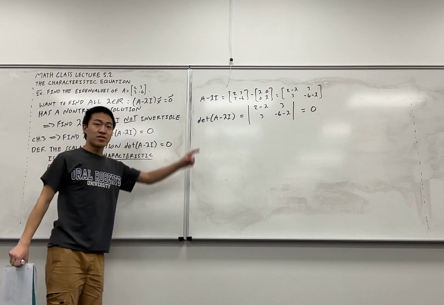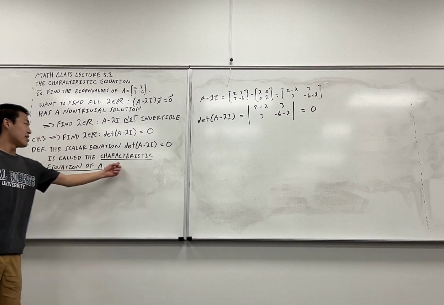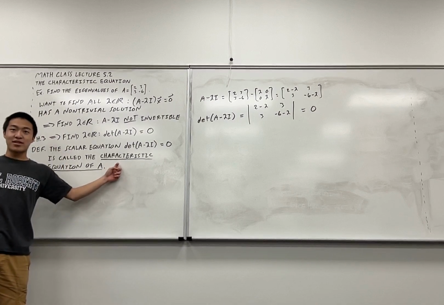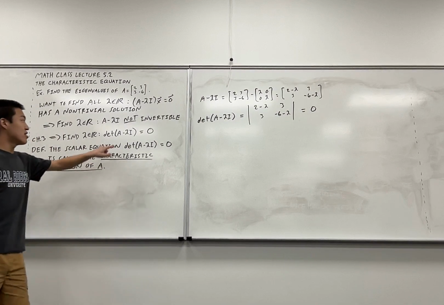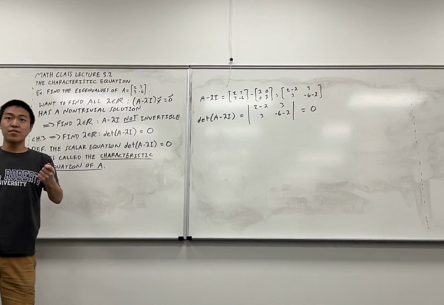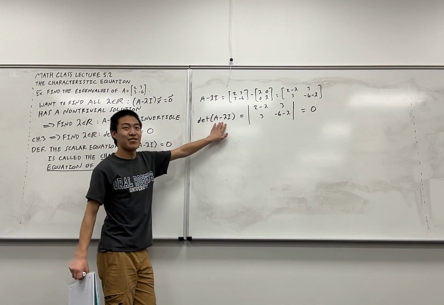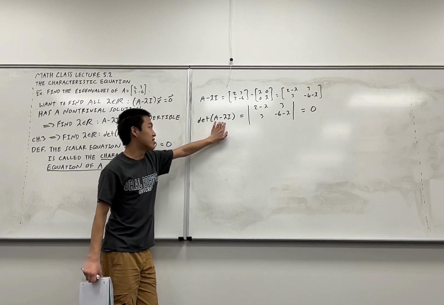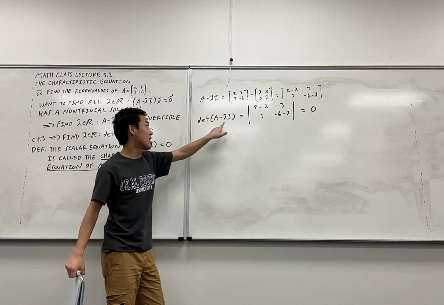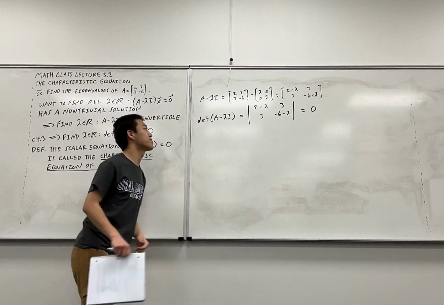Why do I want it to be equal to 0? Well, 2 reasons. That's literally the definition of characteristic equation. And then also because if the determinant is 0, that means that this is not invertible. If this isn't invertible, ta-da, that's got to be an eigenvalue, okay?